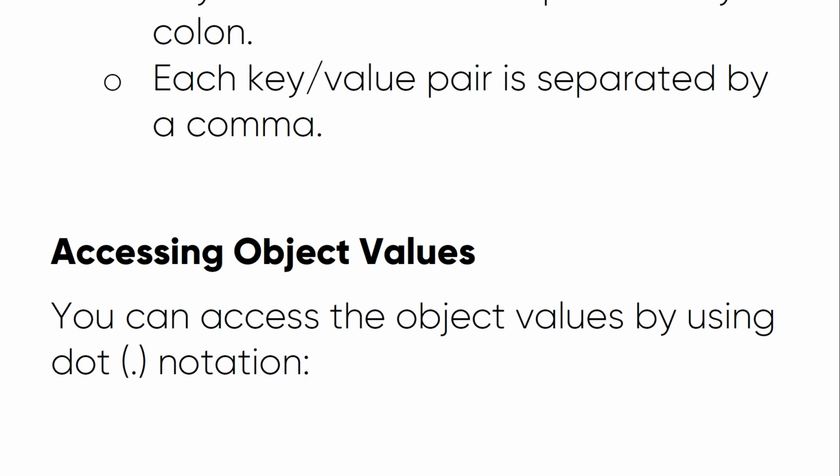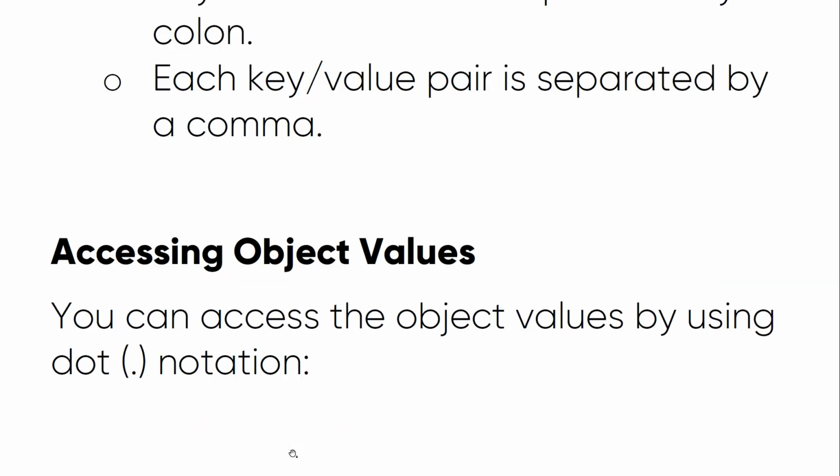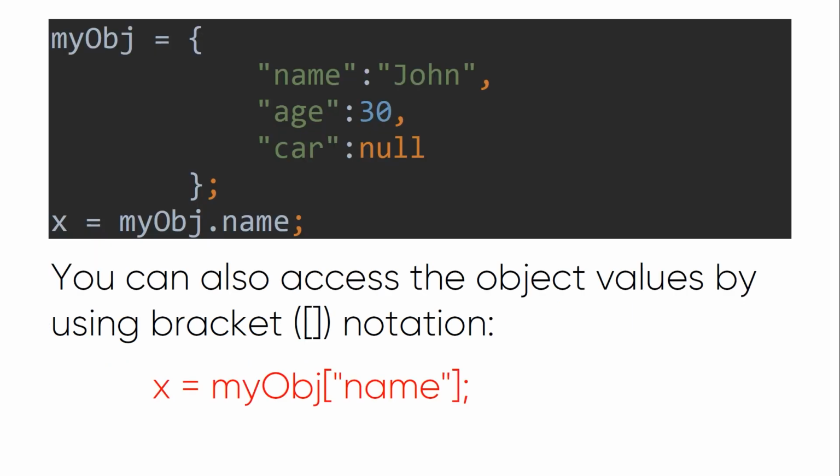Okay guys, so accessing the object's value. Remember, we are still working in the JSON object. This is the third type of values in JSON. You can access the object values by using the dot notation. So a very quick example.